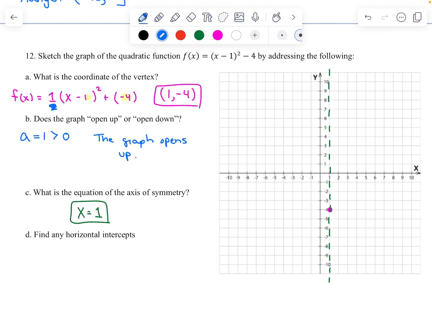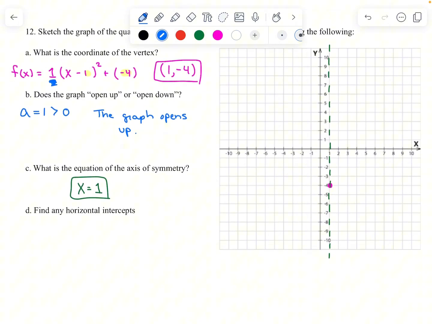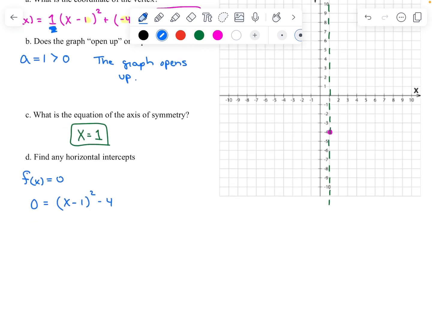Part D, find any horizontal intercepts of the function. To find the horizontal intercepts of any function, we need to solve the equation f of x is equal to 0. So I'm going to set the equation equal to 0. And to solve for x, I'm going to start by adding 4 to both sides.